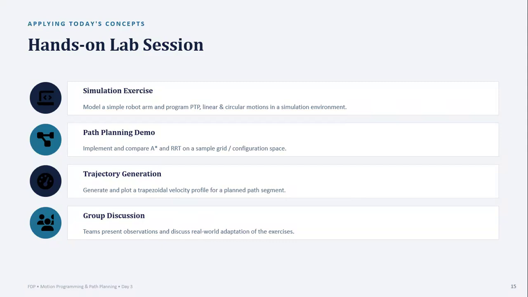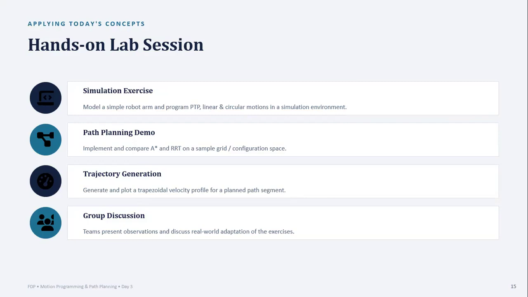Here we witnessed different motion commands like point to point, linear, and circular path motion. Like that, you can develop a simulation exercise where you are located and try to understand the basic mechanisms by implementing algorithms like A star and RRT within that simulation environment.